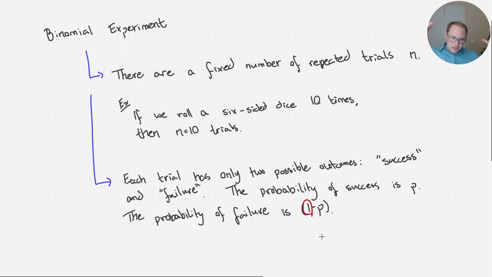There's a 100% chance that something happens here, and all we're doing is taking away the probability of success. What's left over must be the probability of failure, since those are the only two possibilities.